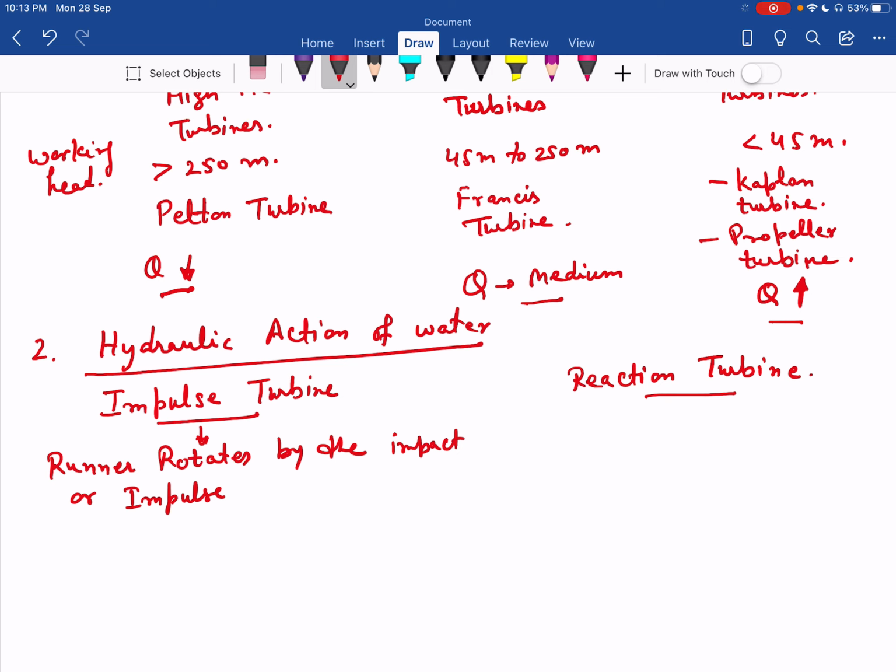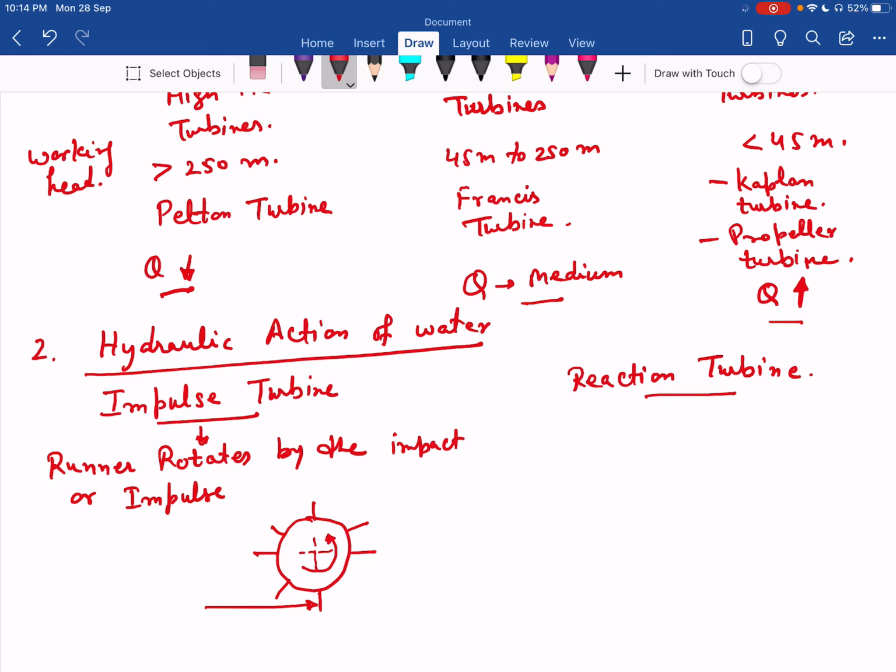Say, for example, we have this wheel. Simply, if I draw, these are some plates mounted on this wheel. Now if I strike a jet of water on this wheel, the wheel starts rotating.